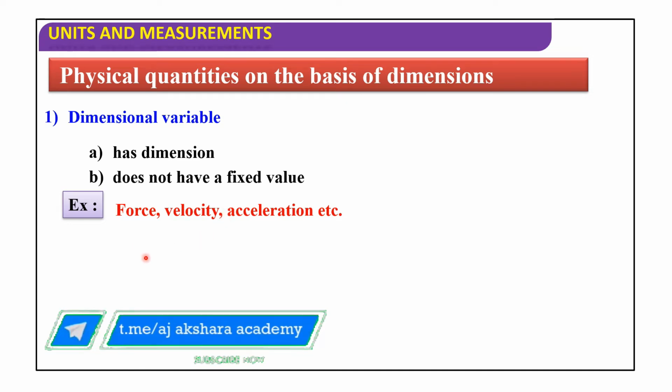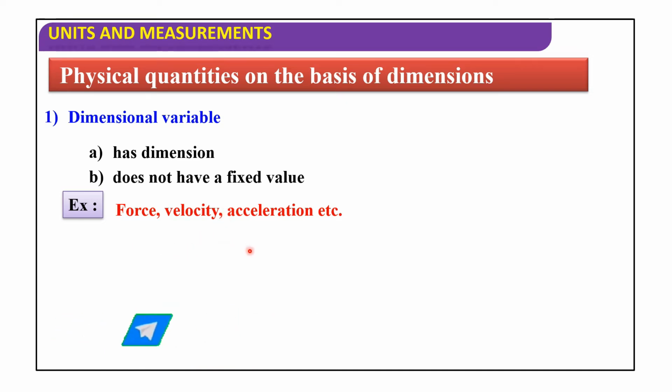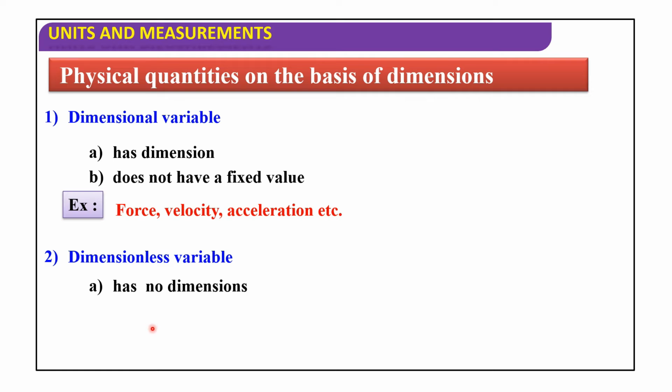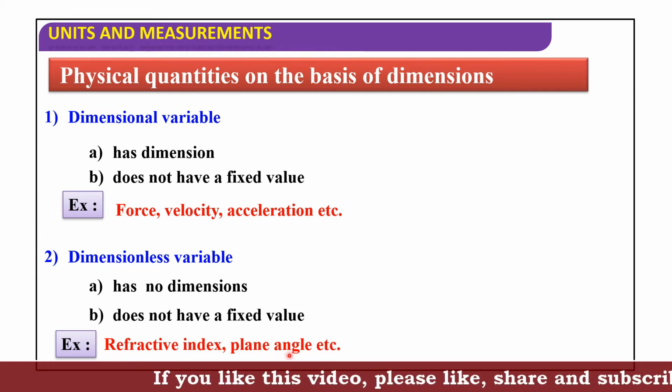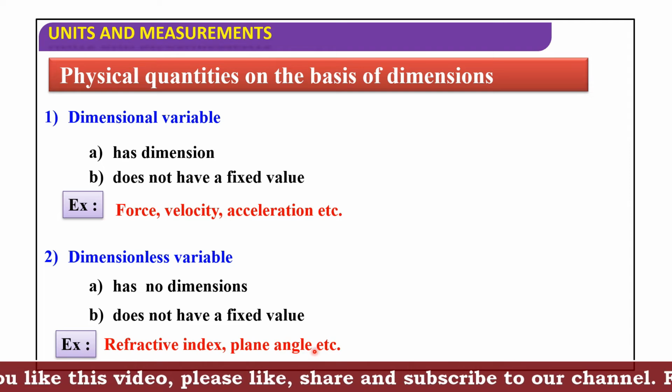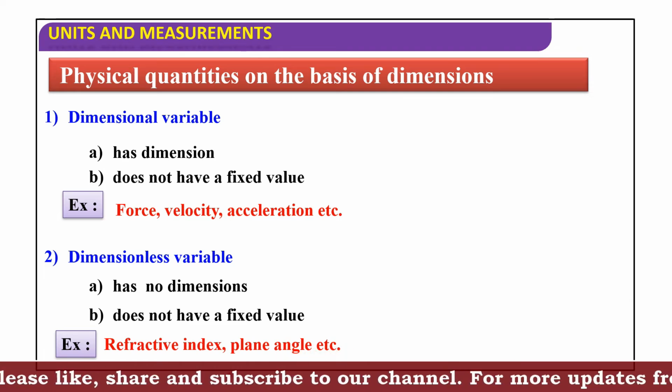Example, force, velocity, acceleration. Next, second one, dimensionless variable. It has no dimensions and does not have a fixed value. Example, refractive index, plane angle. These two are pure ratios, so they don't have dimensions and they do not have a fixed value.